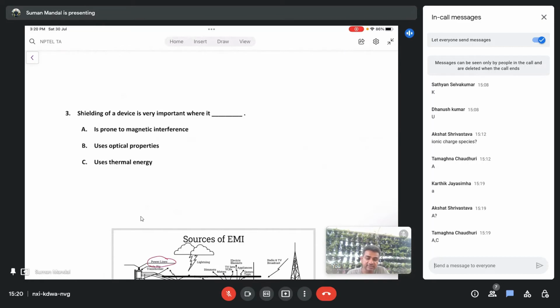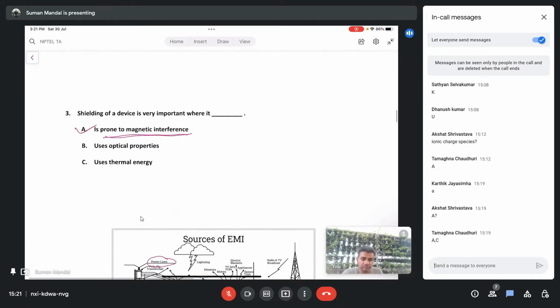Because of this interference, there's a chance of having an accident, which is why you need to put your phone in airplane mode. So it is very important for the flight to avoid electromagnetic interferences. So the answer 1 is correct.